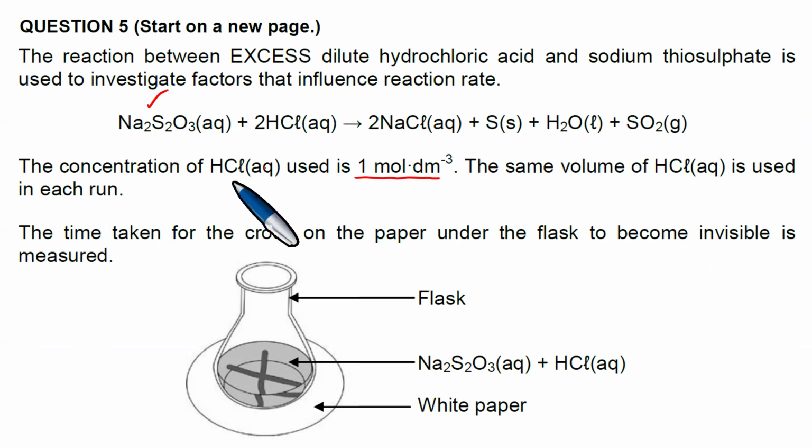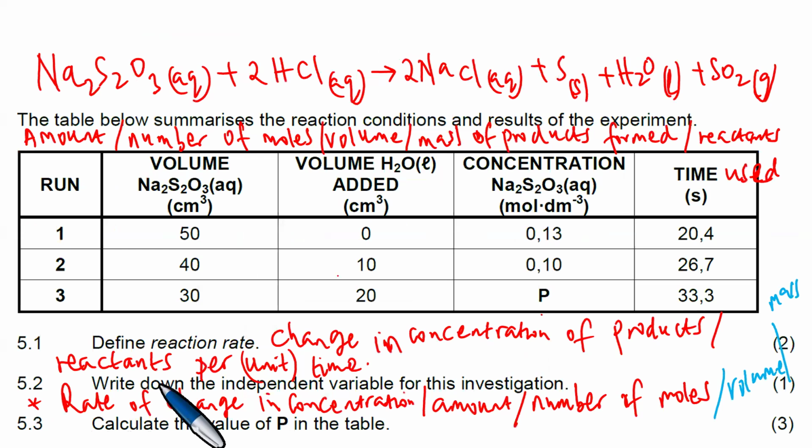The concentration of the hydrochloric acid used is 1 mole per cubic decimeter. The same volume of HCl is used in each run. The time taken for the cross on the paper under the flask to become invisible is measured.